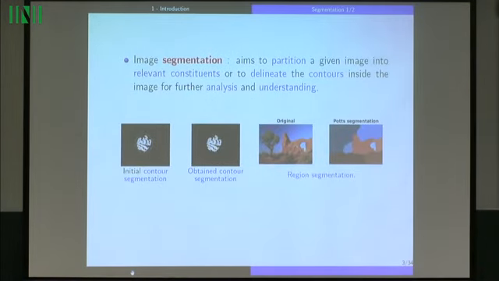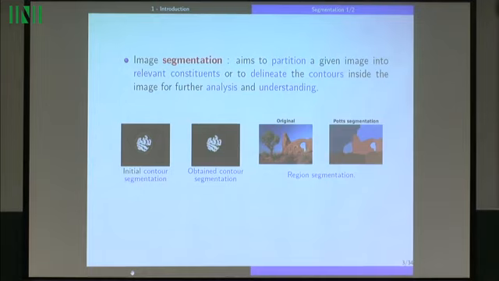So now let me explain what the main problems we are going to address are. Image segmentation aims at partitioning a given image into meaningful constituents, or to delineate the edges of objects inside an image for further analysis and understanding. So it basically tries to mimic the human ability of quickly tracking down and gathering many patterns into meaningful structures.